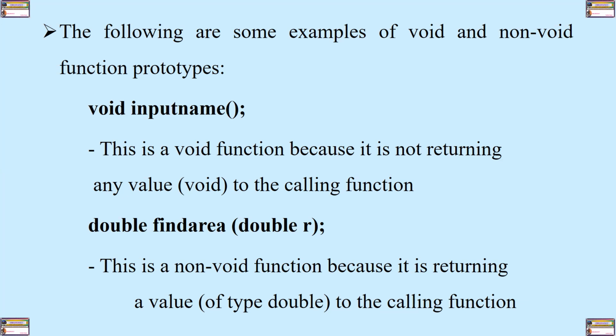The first type is the void type, and the second type is the non-void type. The non-void functions return a value or values to the calling function. And in this case, our function called area is going to return a value of type double.